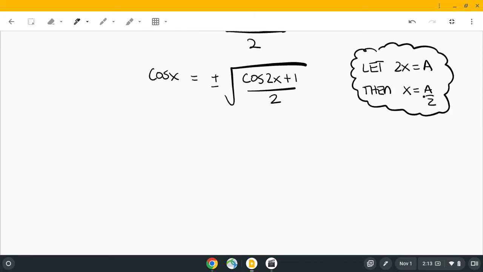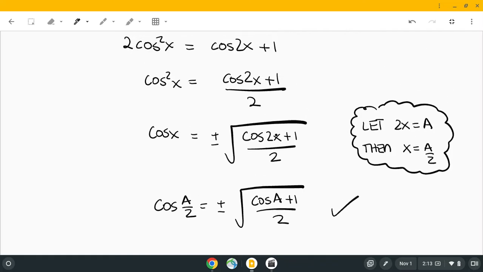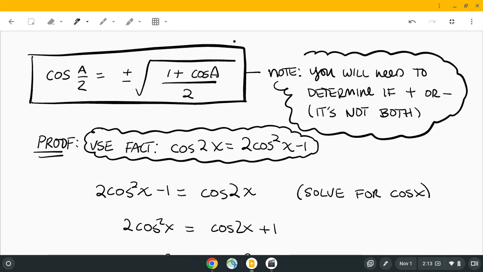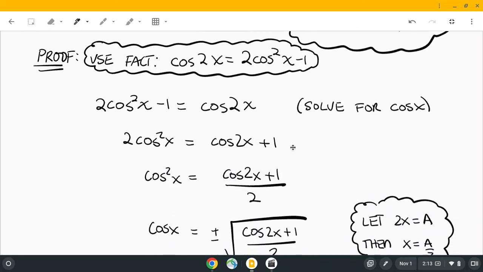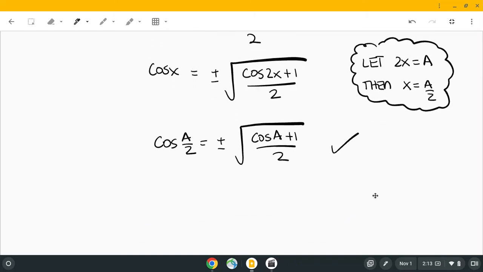The x will be replaced with A over 2, and the 2x will be replaced with A. And then there we have exactly what it says up above: plus minus square root of 1 plus cosine A, all over 2. And addition is commutative, so you could switch that around if you really want it to look exactly the same.